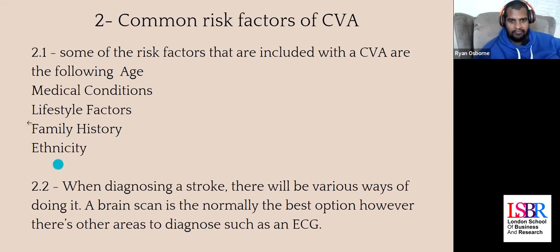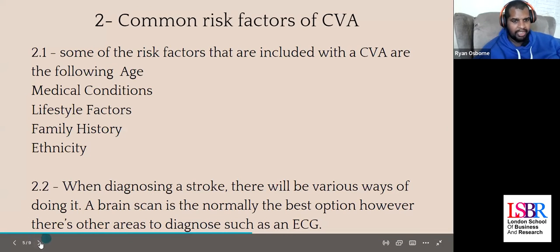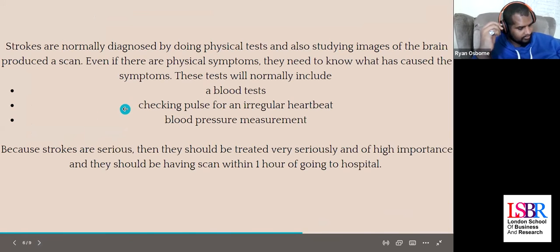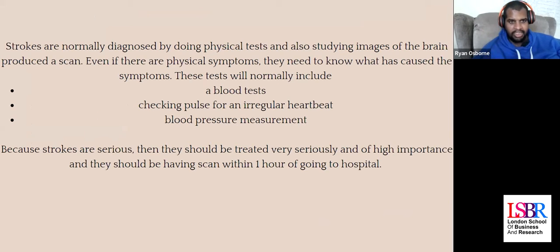So if we now move to the next page, we'll see what we are doing. What we see is that strokes are normally diagnosed by doing physical tests, and also by studying images of the brain produced by a scan.